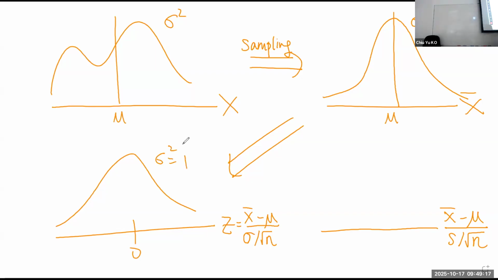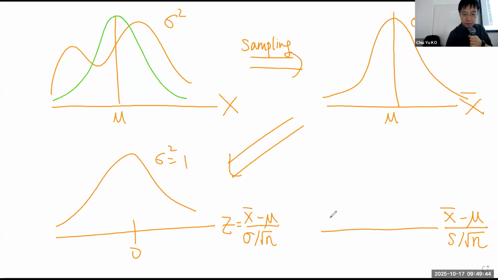If I replace this by this, what shape do I get? The problem is if I have any arbitrary shape, I don't have any conclusion. So from this point on, we assume this is a bell curve.